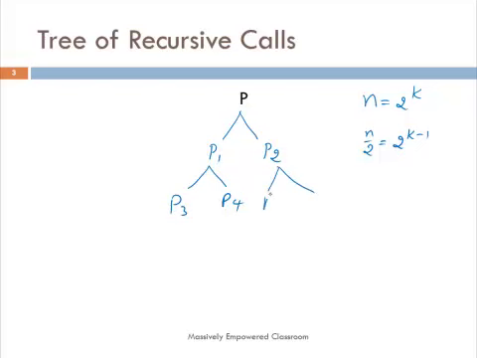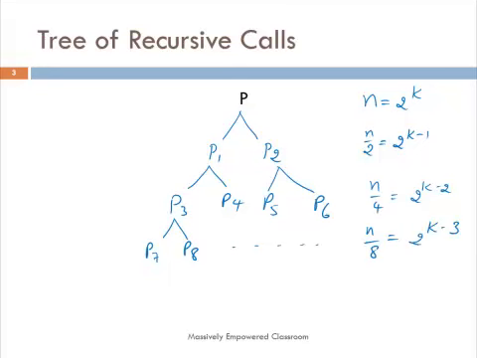P2 may get divided further into P5 and P6, and all of these will be of size n by 4 or 2 power k minus 2. Now if P3 was not small enough, it may get divided into P7 and P8 and so on, where you will get 8 subproblems of size n by 8 or 2 power k minus 3.